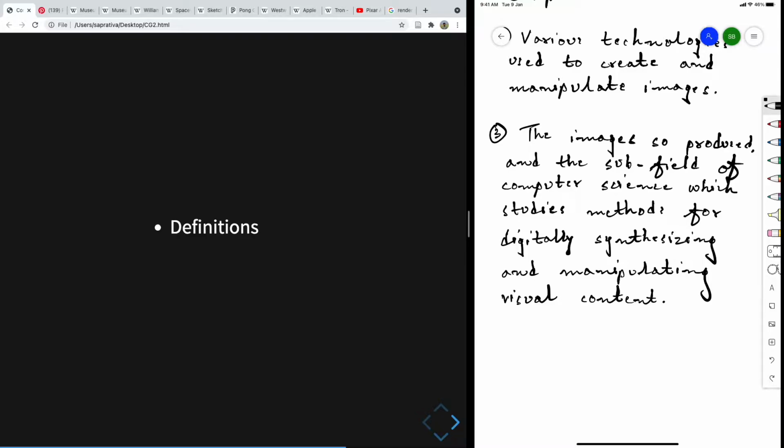So these three are the basic definitions of computer graphics.